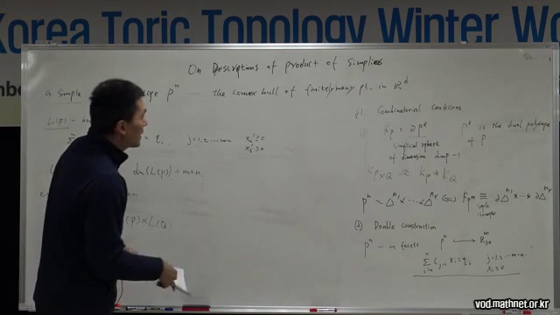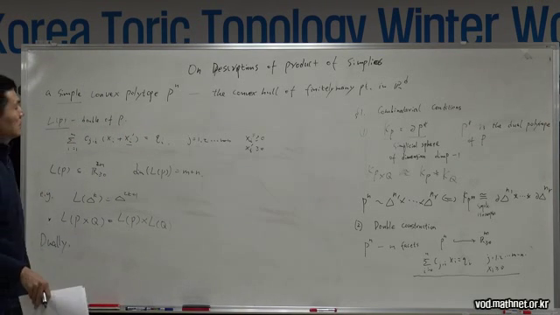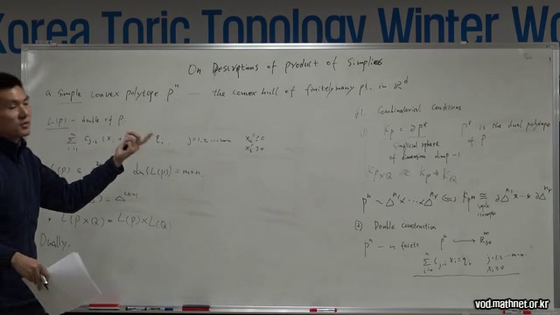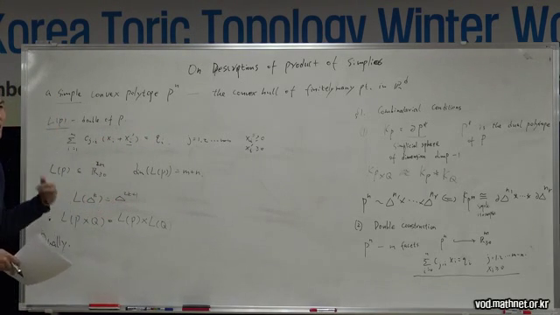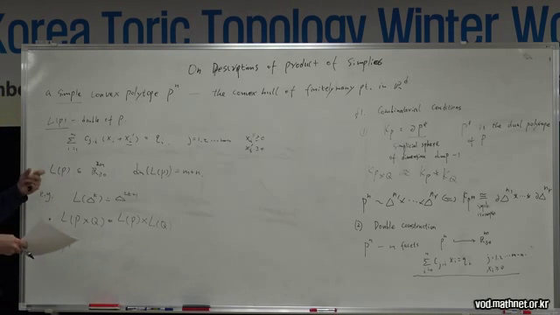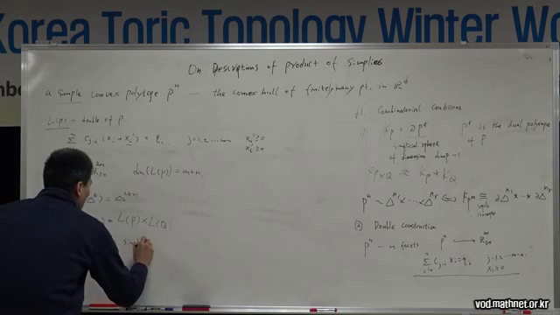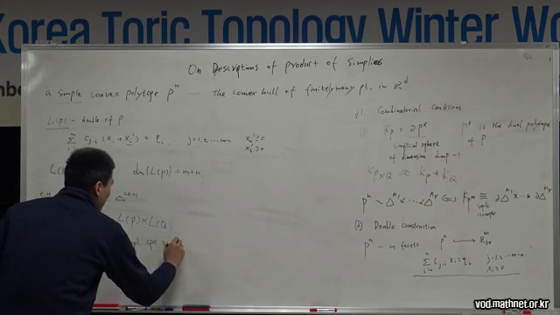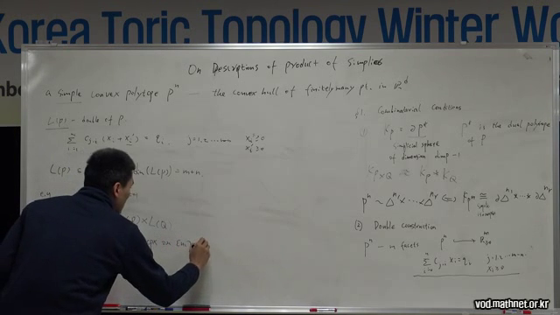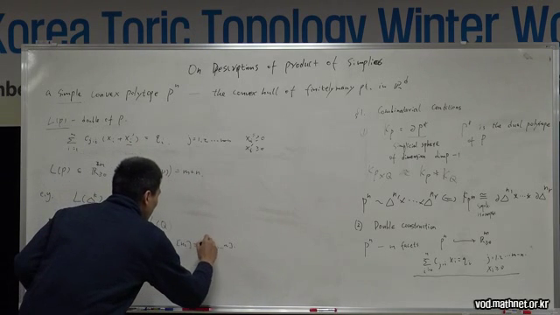And dually, we can define the double of simplicial complexes. So suppose we have a finite simplicial complex, we can also define what's the meaning of the double of that simplicial complex. So let K be a simplicial complex on a set, say {v1, v2, ..., vm}.